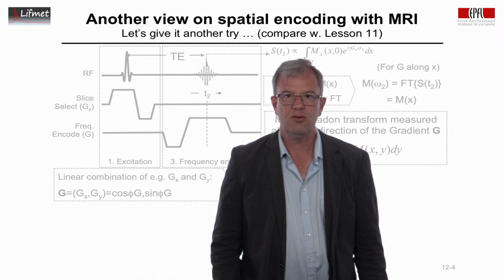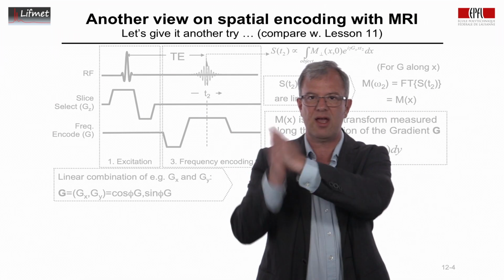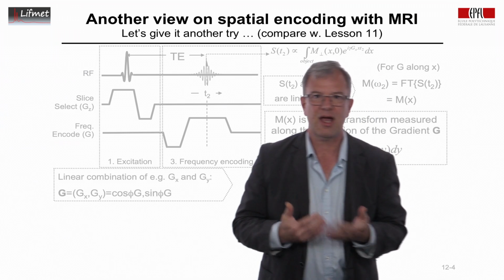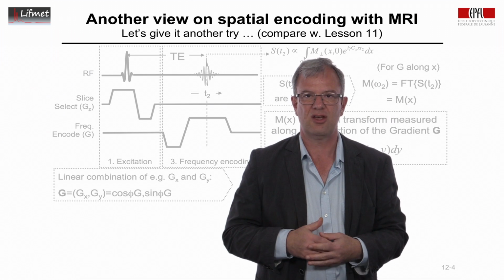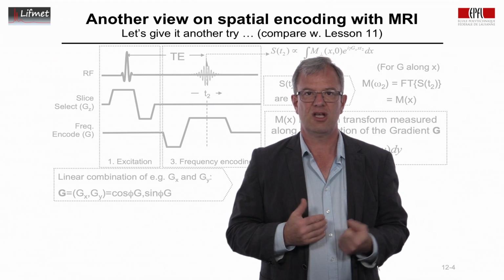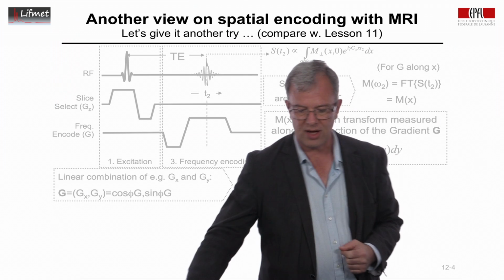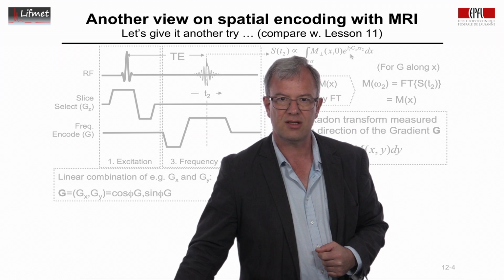Now, this is for a particular direction x, but I have not defined what x is, so I can choose any coordinate system and have x different. And so we can change the orientation of this projection, the magnetization of x, by changing the orientation of the gradient, because the direction of this Radon transform is entirely defined by the gradient orientation.